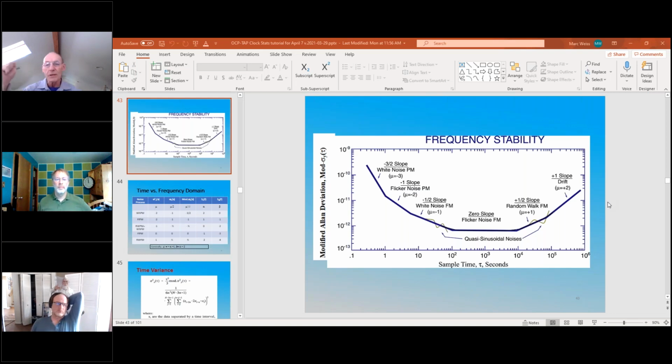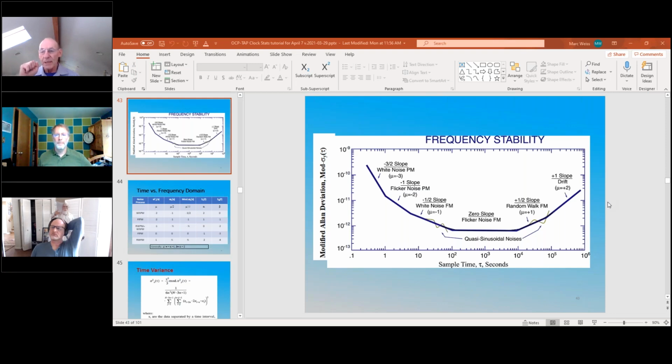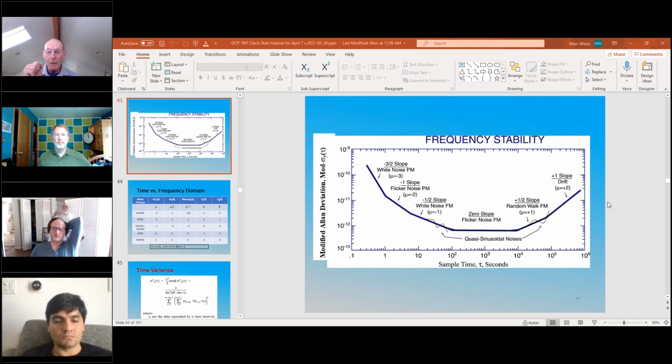As a packet goes through a network, if it's going through devices that are PTP unaware, they get stored and forwarded, and some of them go through very rapidly. Some of them get delayed a lot more, and so you get different bands of noise depending on which delay you're looking at.